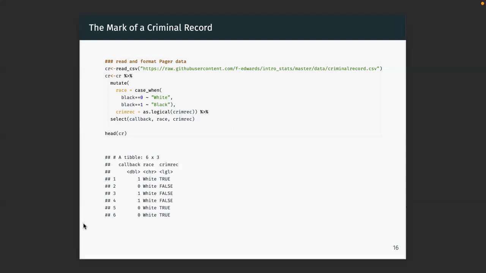Now, do we think that a line is a good representation of the relationship between these variables? What scale is callback on? What scale is race on?